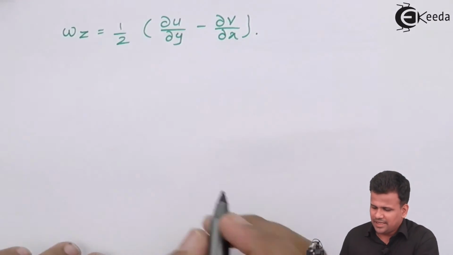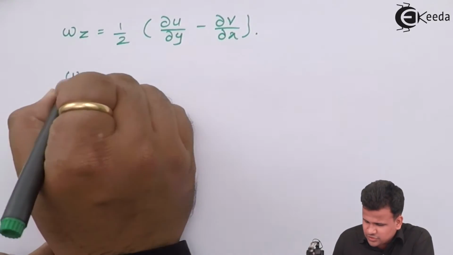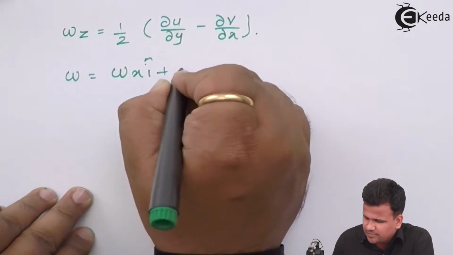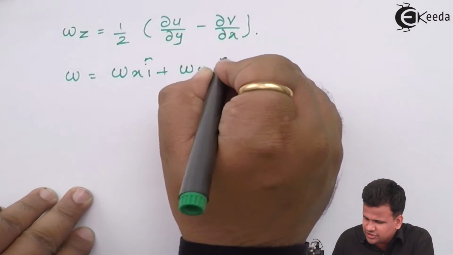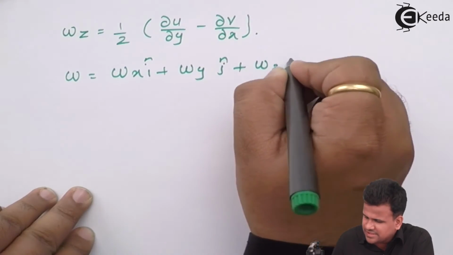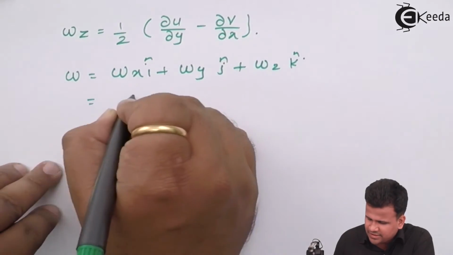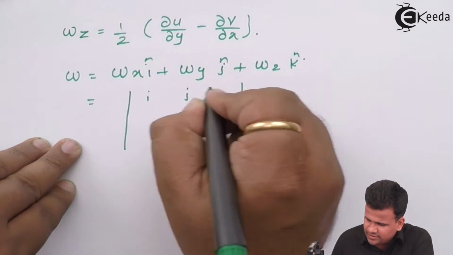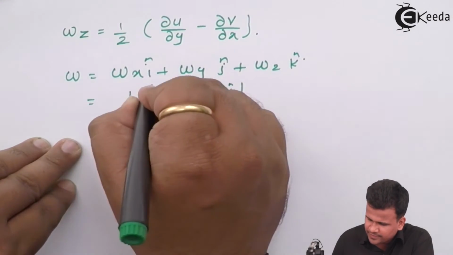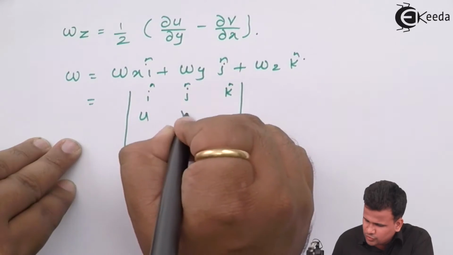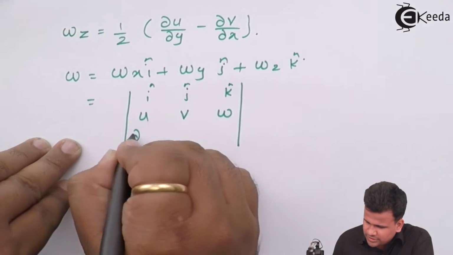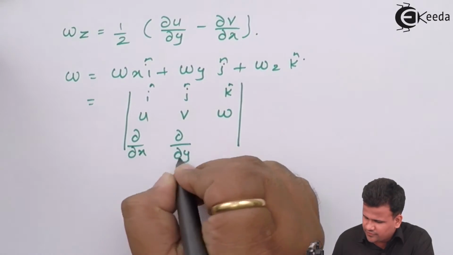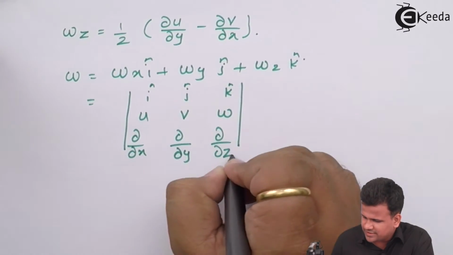Or rather we can write omega as omega x i cap plus omega y j cap plus omega z k cap, which equals the determinant of i, j, k; u, v, w; dou by dou x, dou by dou y, dou by dou z.